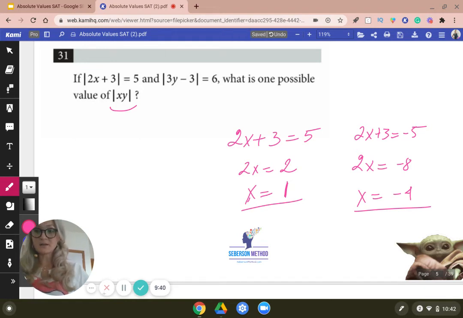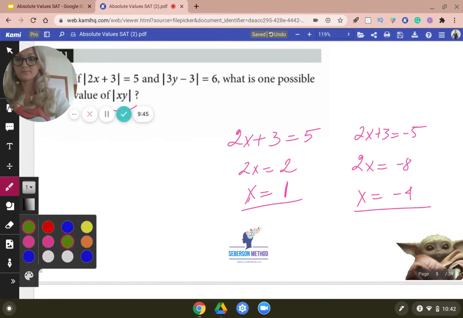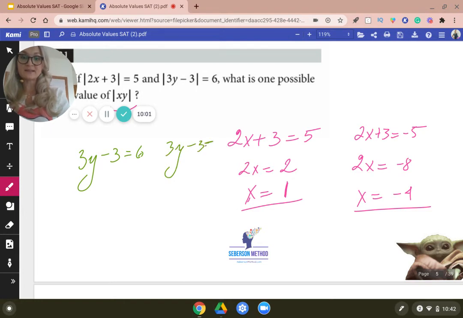Now for y, let's do this. Let's change color. Y is going to be blue. So we have 3y minus 3 is equal to 6, or 3y minus 3 is equal to negative 6. So we have 3y is equal to 9 and y is equal to 3, which one possible combination would be 3 times 1.